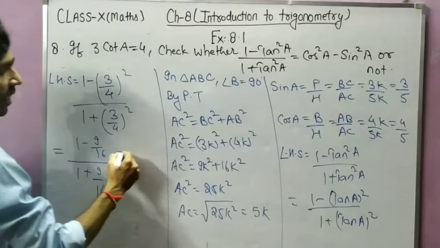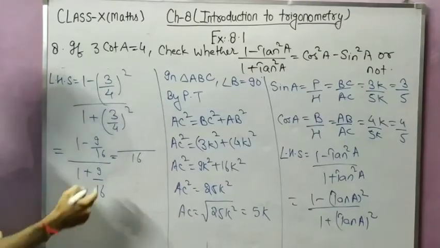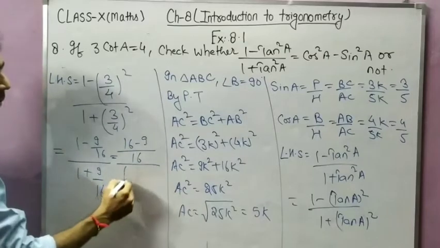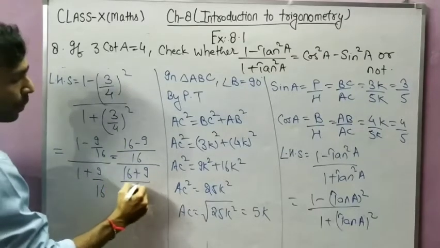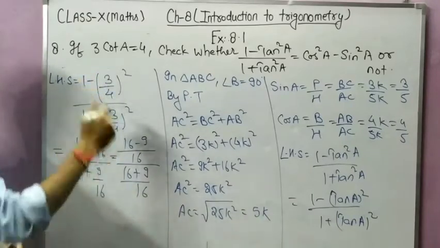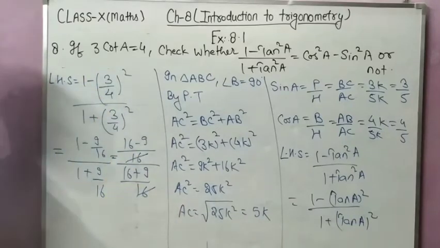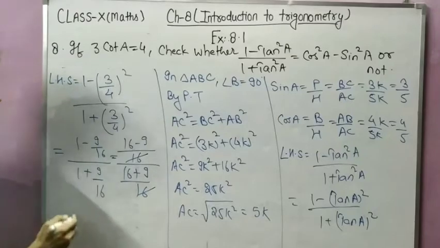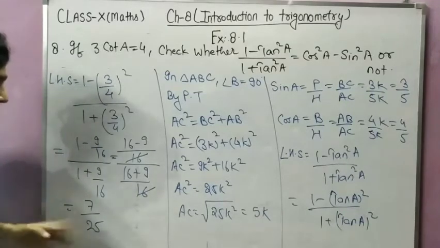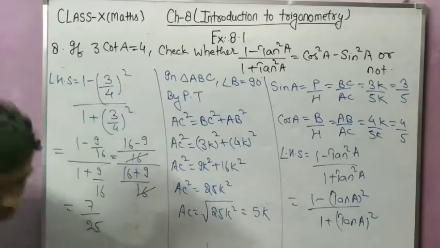Now when you take the LCM, it will come 16. So it will become 16 minus 9 divided by 16 plus 9, upon 16. So now this 16 will cancel, and what will be left? 7 upon 25. Okay, 7 upon 25 will come by calculation. So LHS we have solved, student.